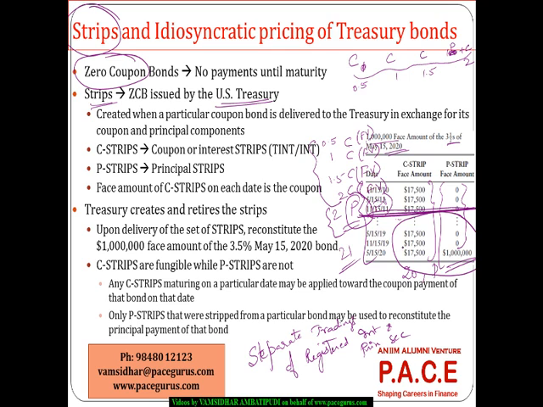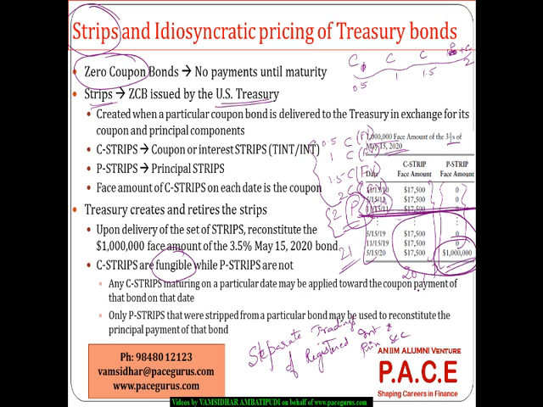But this is where, if I am packaging these bonds again, it is observed that the C strips are fungible. Means I can club the C strips of one bond with the C strips of another bond and create a combined coupon. But the P strips are not fungible. Any C strip which is maturing on a particular date, I can use towards the coupon payment of the bond on that date, but definitely not with the P strip.